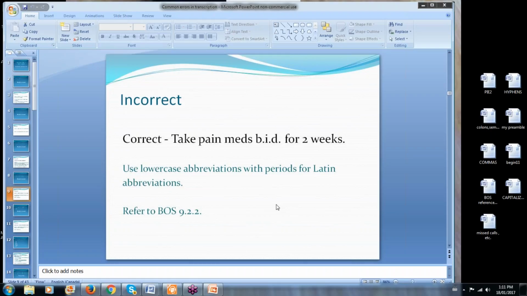Remember the verbatim rule in your account specifics. If they say twice a day, type twice a day. If they say BID, then that's what you put. All right. Any other questions on that? Everybody clear? Okay, moving on.